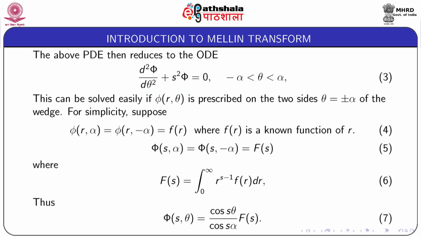Now, this ordinary differential equation can be solved easily if small phi r theta is prescribed on two sides of the wedge, that is theta equal to plus minus alpha, and for simplicity we assume that phi r alpha equals phi r minus alpha equals some known function f r.